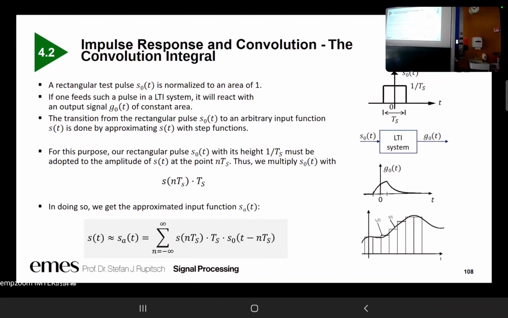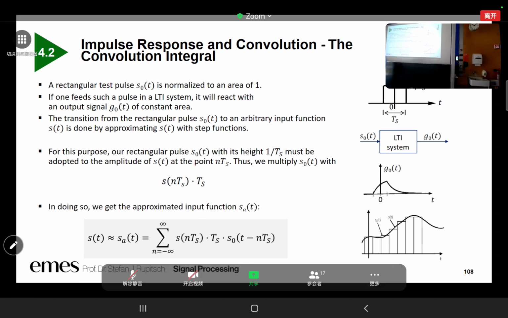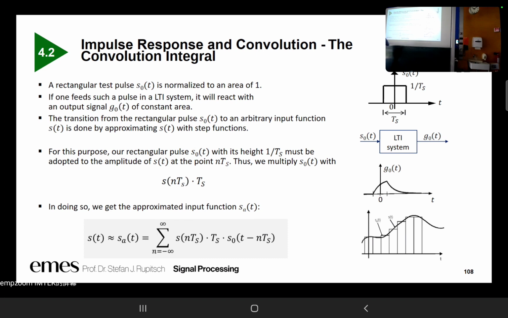And now we use this rectangular pulse as an input signal of our LTI system. This is shown here. The result should then be g0 with respect to the time t. Okay. However, in real life, we do not have such a rectangular pulse as an input signal.